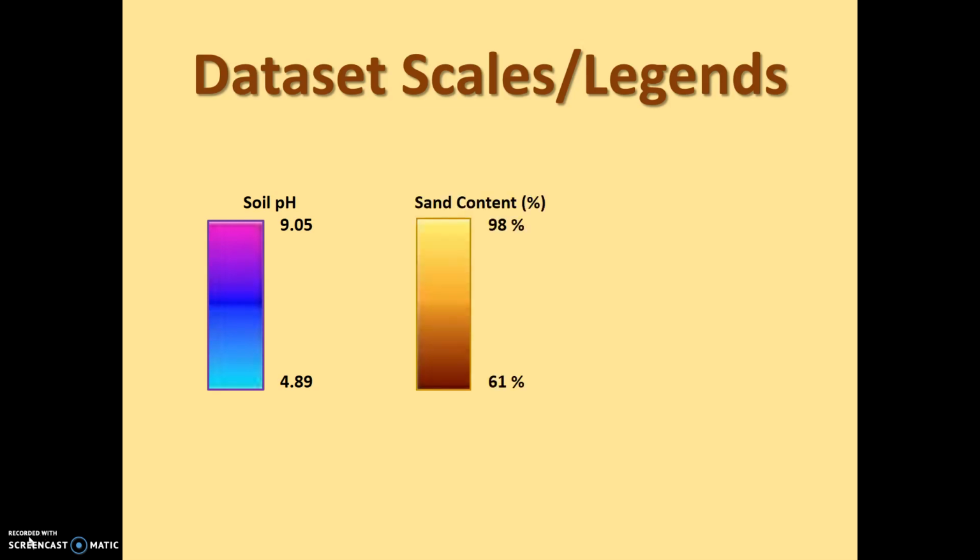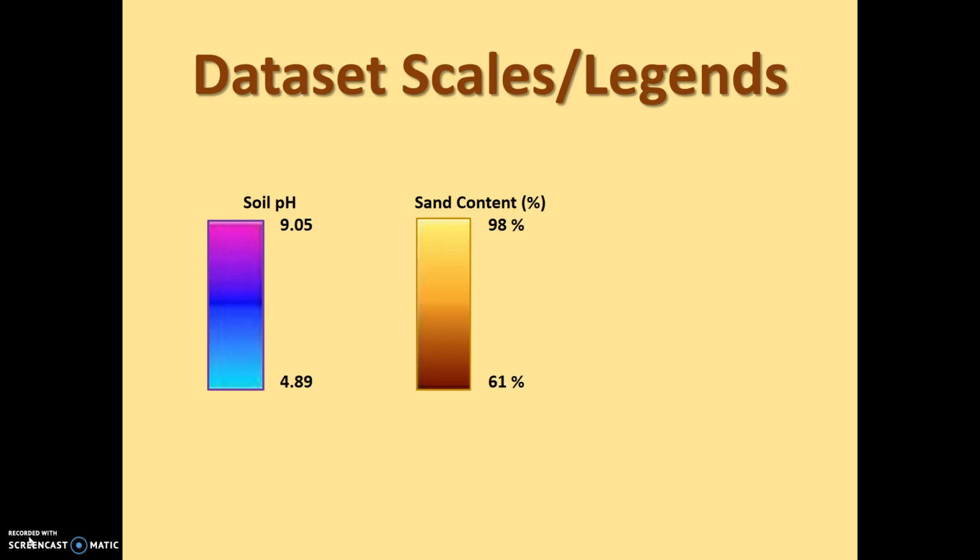Sand content, 61 to 98%, and darker content is more like clay, yellow is more like sand. For both of these scales, I used an interpolation spline function, so it's not exactly as extreme as these ranges.